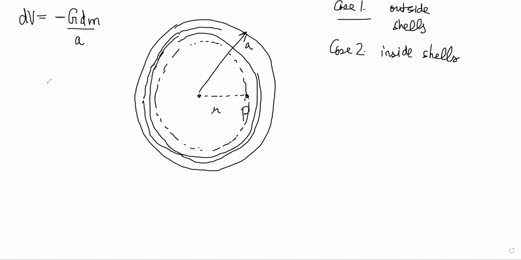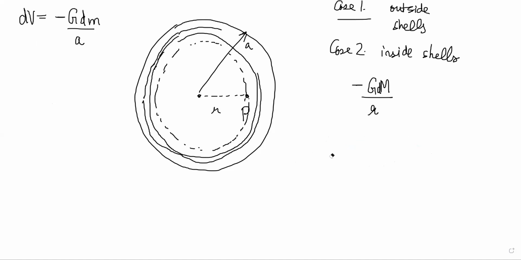And for inside shells, the formula is minus G dm by R. So everything is the same. The minus 3GM by a cube integral x square dx, what we got earlier, is the same, but no, it's not the same actually, because the formula is different.